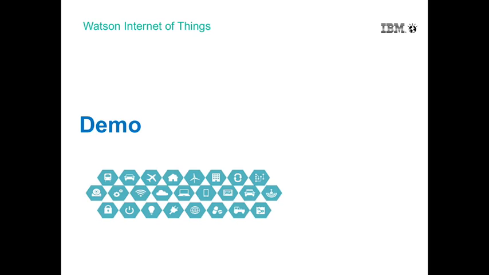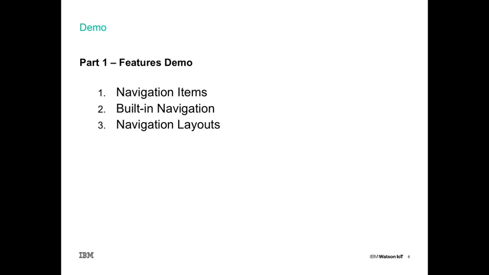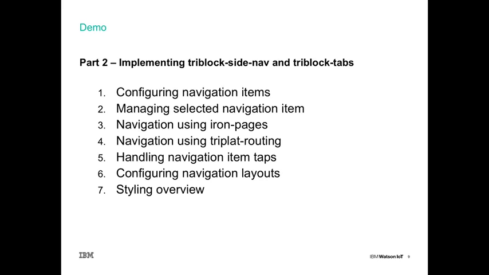The demo is split into three parts. The first part is a features demo. I'll have a sample app ready that shows these features fully implemented. The second part is implementing triblock-side-nav and triblock-tabs, and we'll be learning how to do these items.